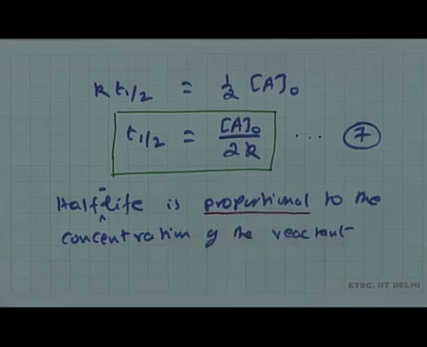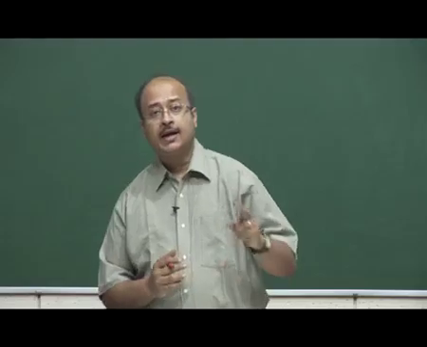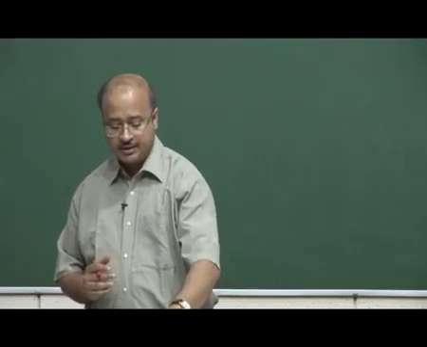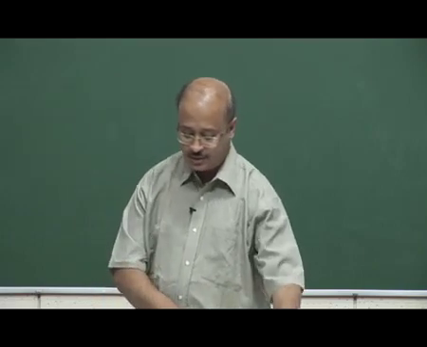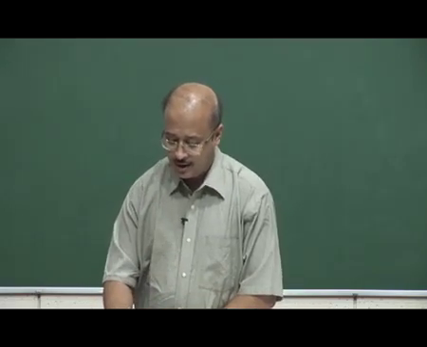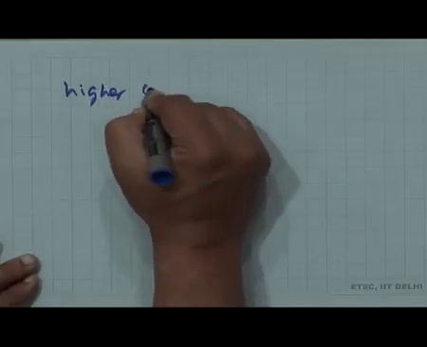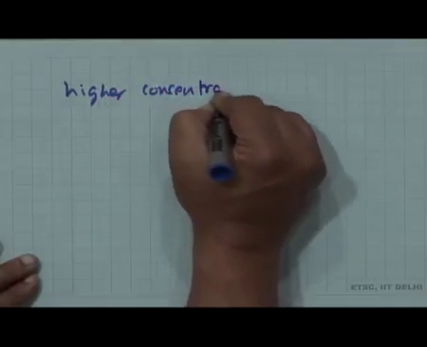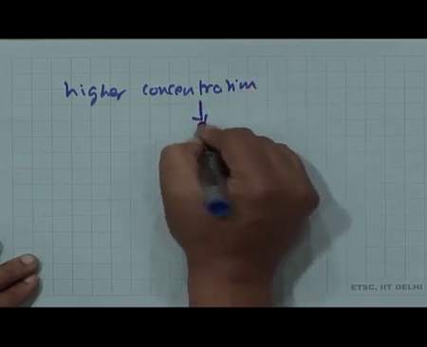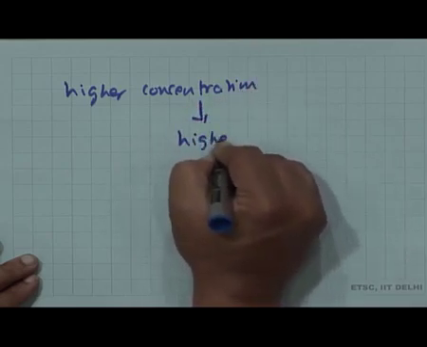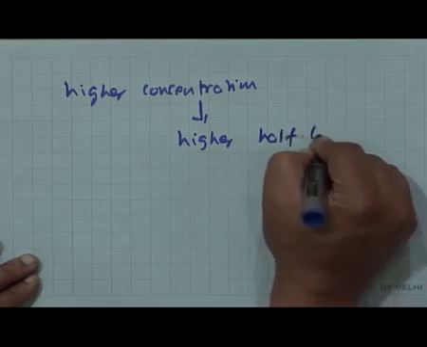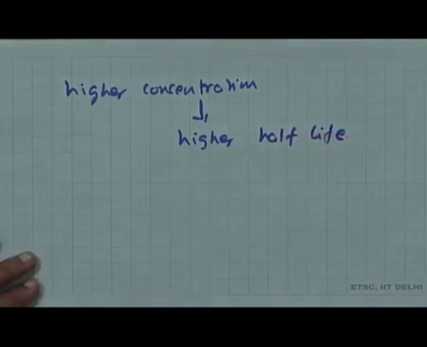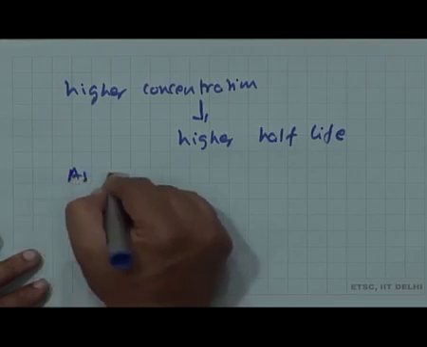So, that means higher the concentration, higher the half life, lesser the concentration, lesser the half life, right. That means again based on this, higher concentration means higher half life.